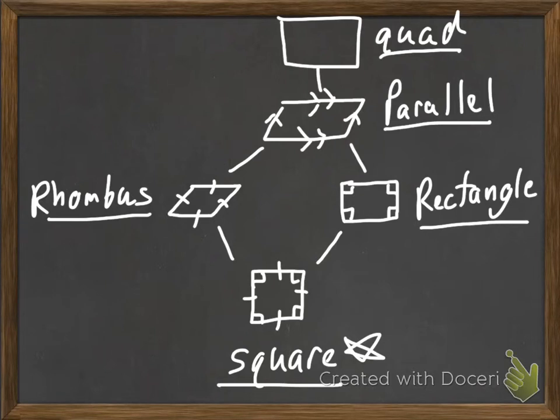What I can't do is start here at the rectangle and say that a rectangle is a square, because a rectangle is not a square. A square is a rectangle. It's a little bit confusing, I know. Just remember, you can only go up if you're naming. You can't go sideways or down.